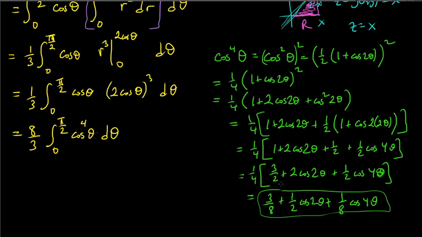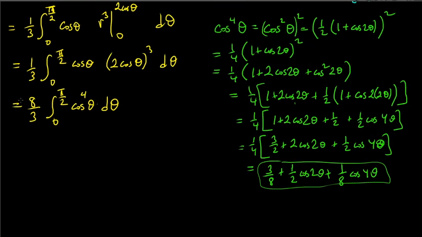Okay, so in this form, I think we should be able to evaluate this integral. We'll just split it up as 3 separate integrals. So the 8 over 3 will multiply everything, right? So the first integral from 0 to pi over 2 is just 3 over 8. Of course, that cancels the 8 over 3, so that'll be easy.